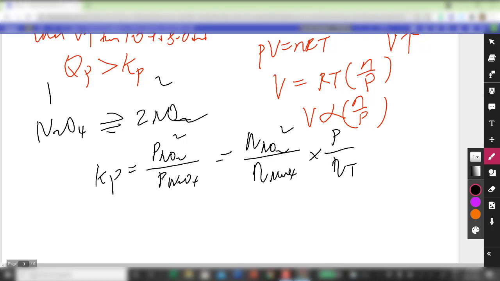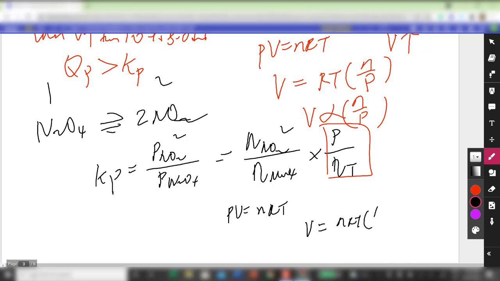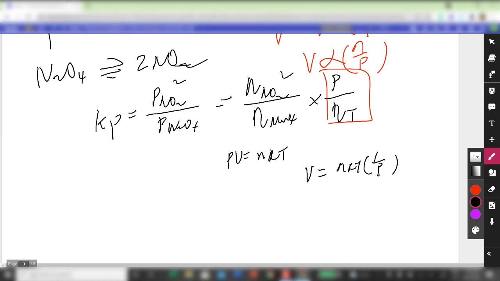So we use the same logic, PV, and of course this is the dependent factor. We have PV equals nRT, and then V will therefore be nRT over P. So in this case, the relationship is inverse.